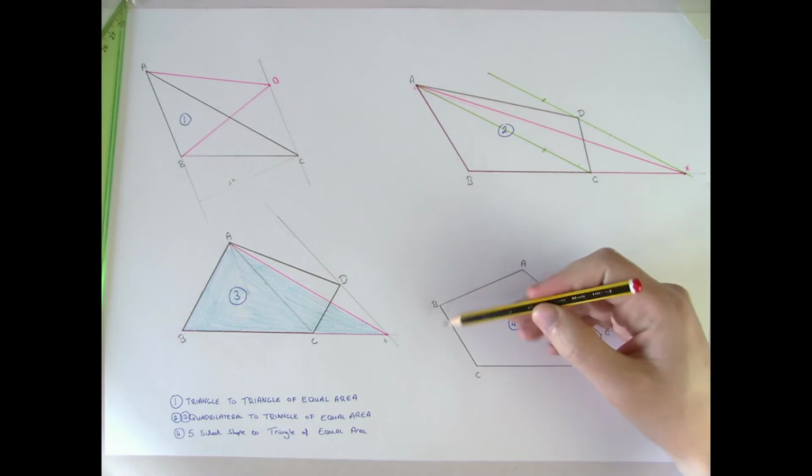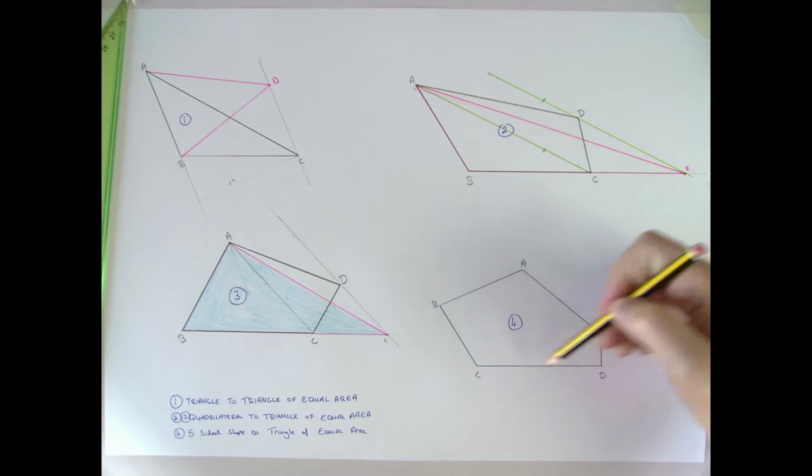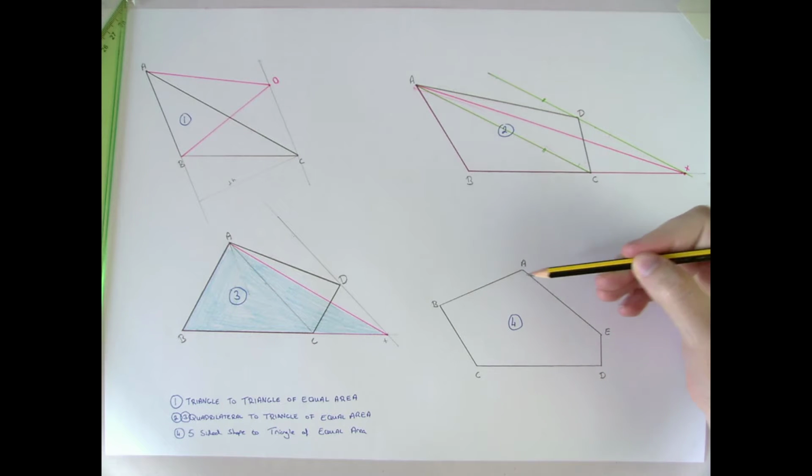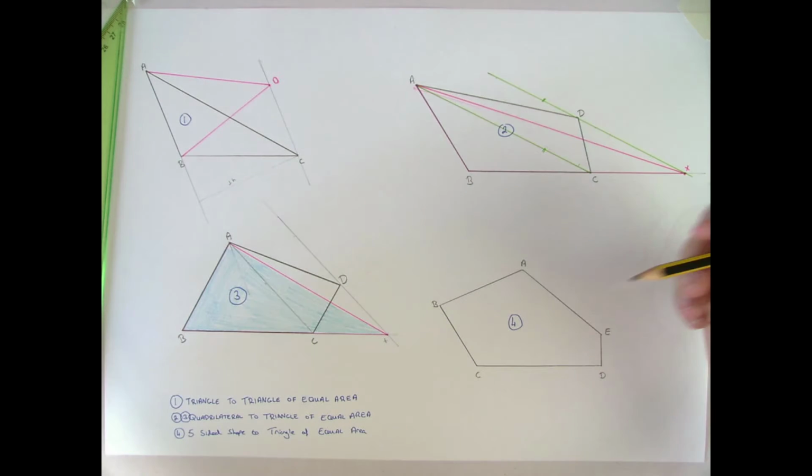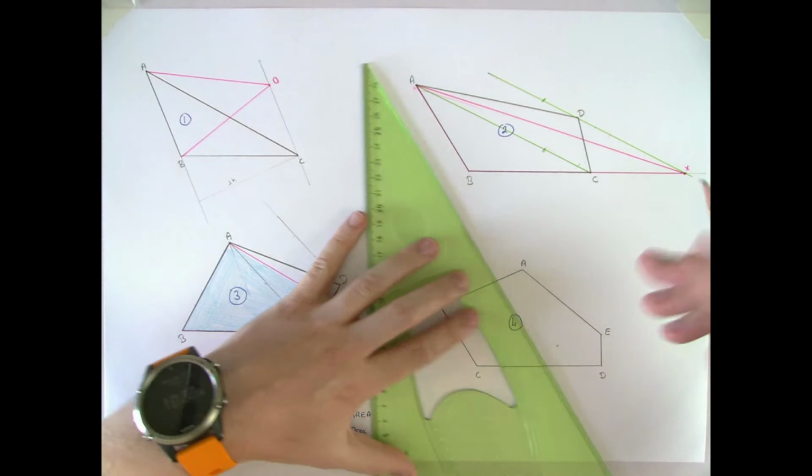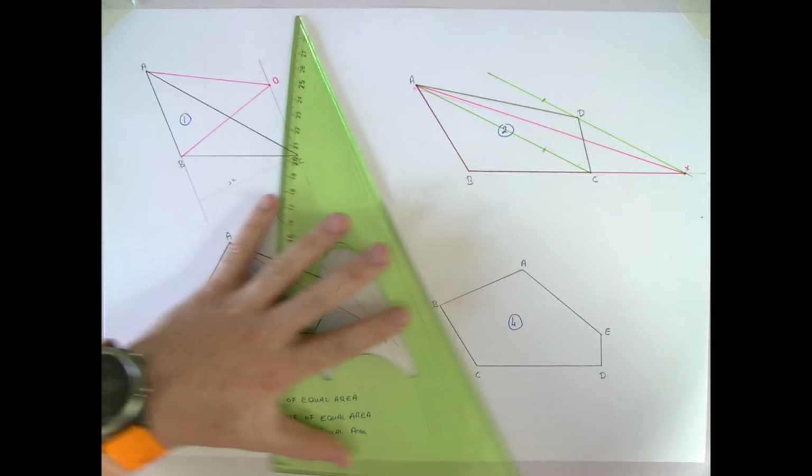So I have this irregular pentagon. I have my 5 vertices A, B, C, D, E. And what I'm going to do is divide this up into something that I know how to work with, which are triangles. So I'm going to keep CD as the base.